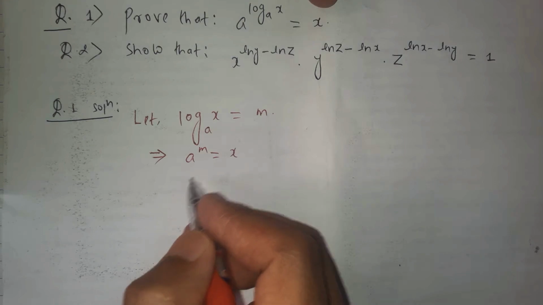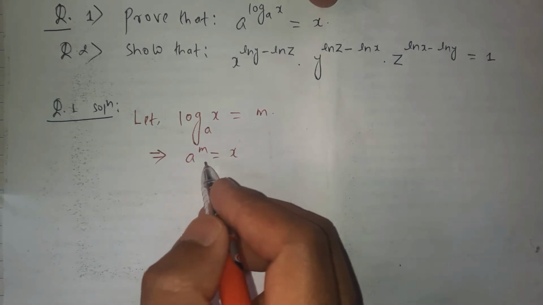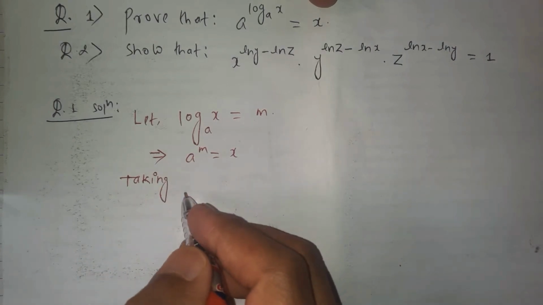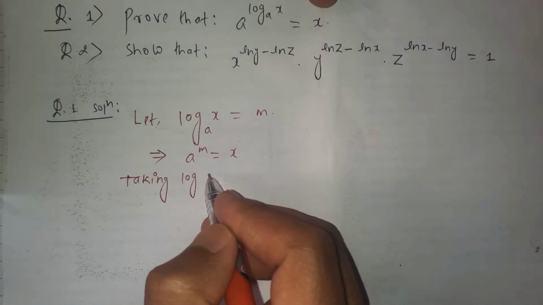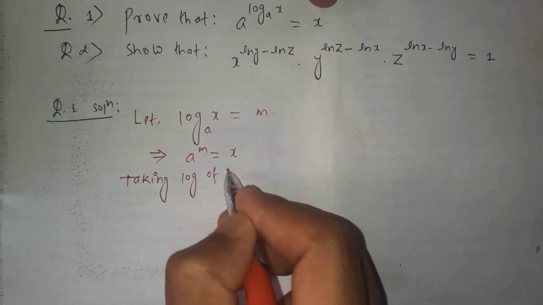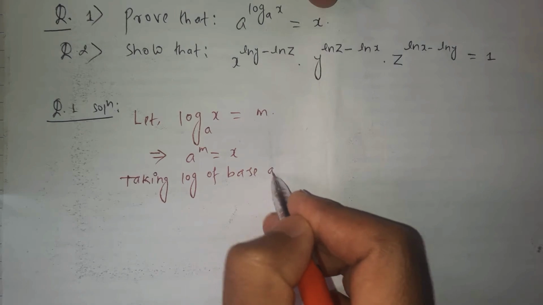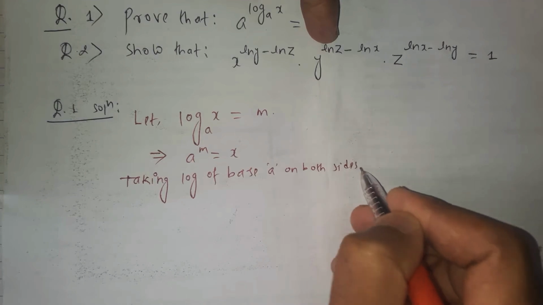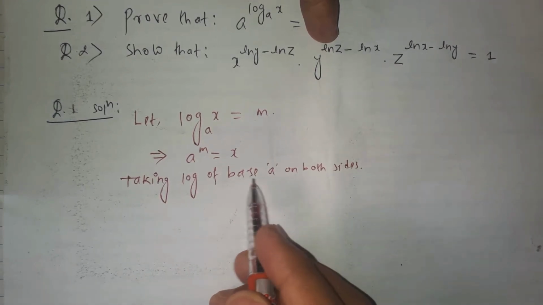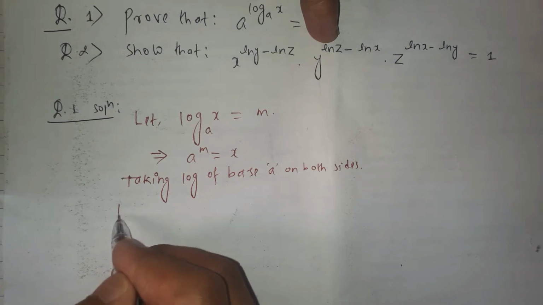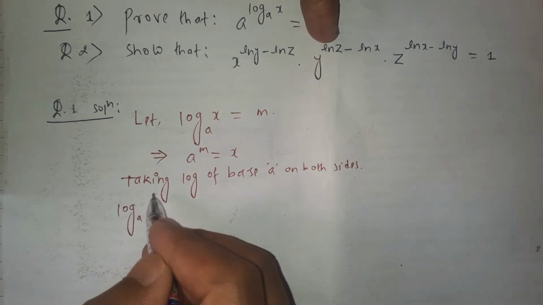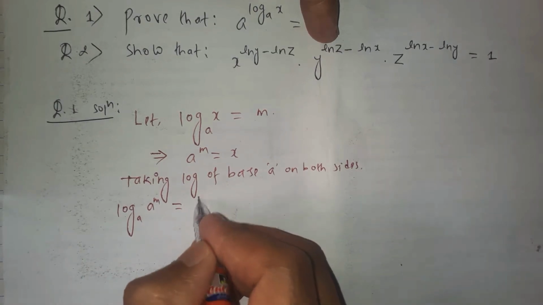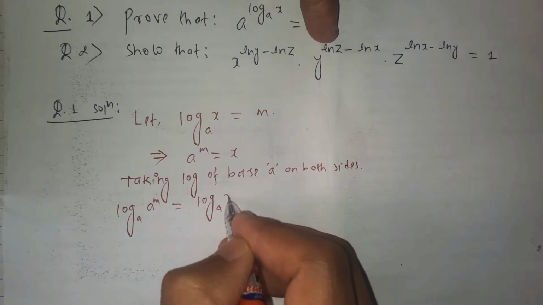And here, let's take the log of base a on both sides. Now taking the log with base a on both sides, our equation becomes log with base a of the left hand side, a raised to the power m, is equal to log with base a of x.